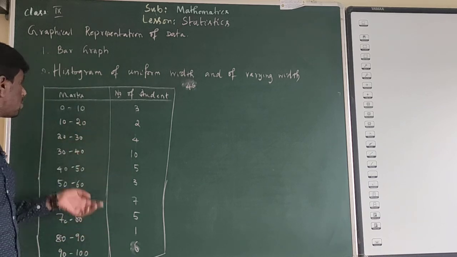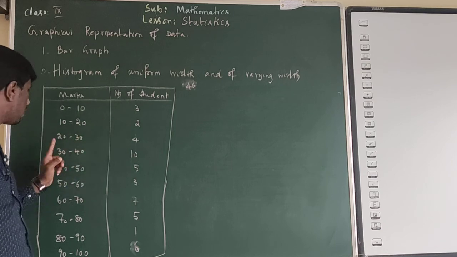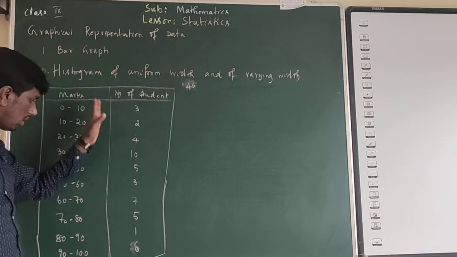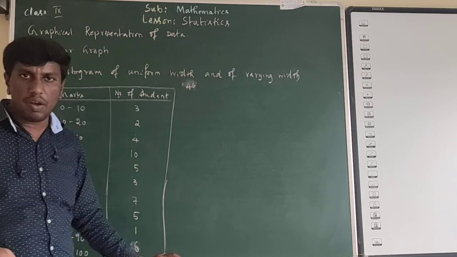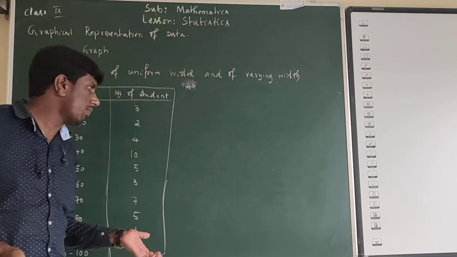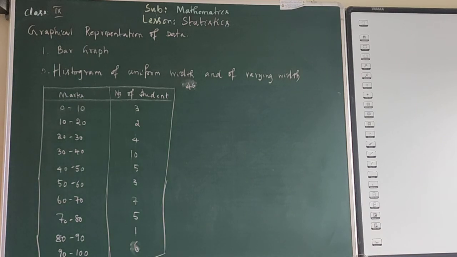In those 46 students, 0 to 10 marks are taken by 3 students, 10 to 20 marks by 2 students, 20 to 30 by 4 students, 30 to 40 marks by 10 students. Like this they have taken. This information I need to represent in terms of histogram. So we will represent this information in terms of histogram.